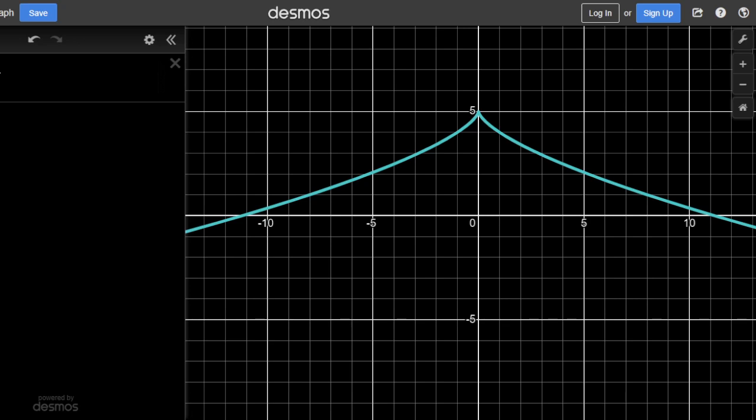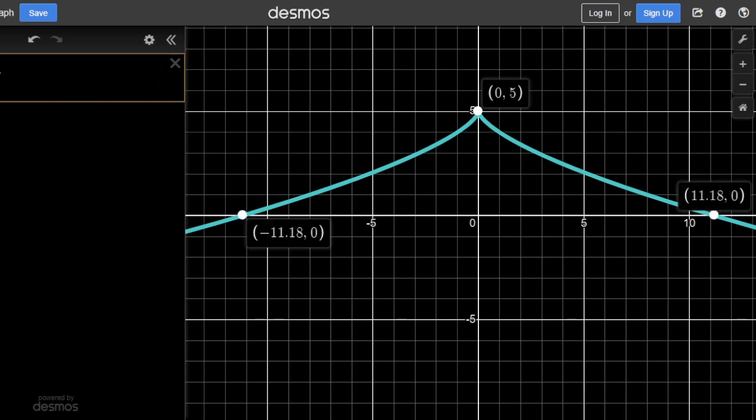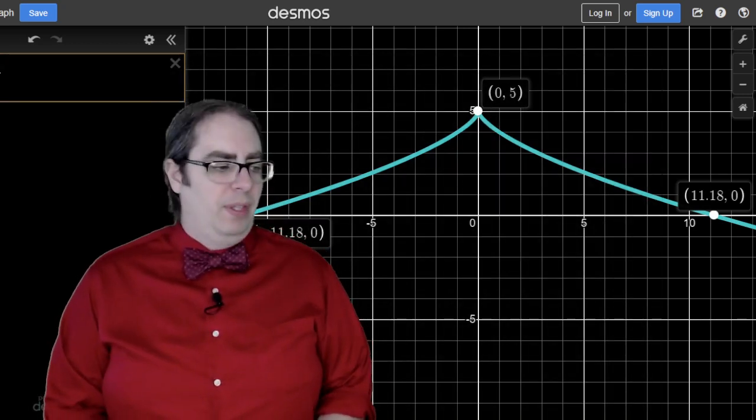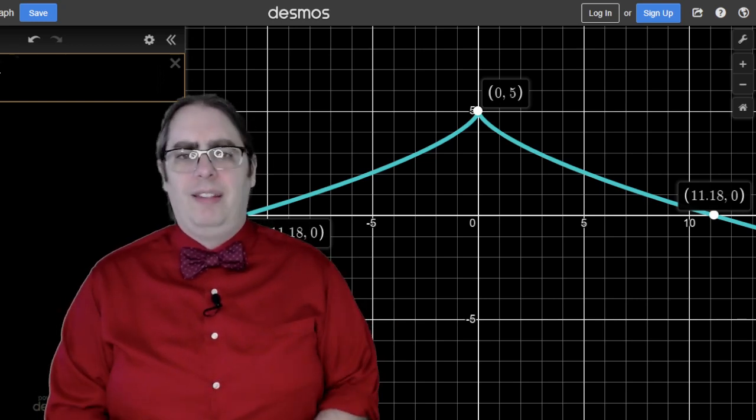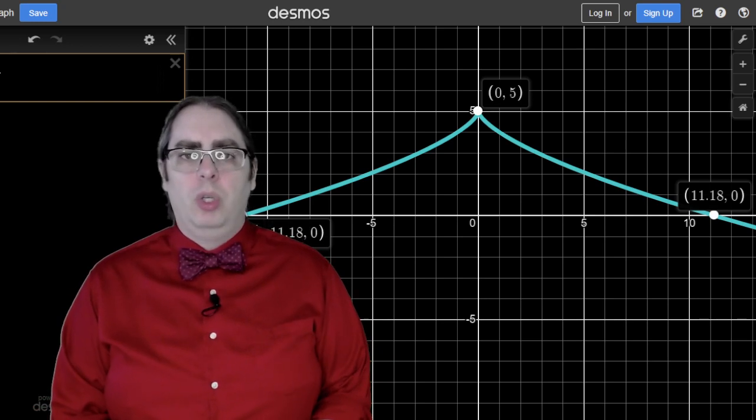Desmos gives you some nice options. If you click on the curve, it highlights interesting points like x-intercepts and y-intercepts, so you can get to those values. They give us a little bit more detail than what I did, but it all works out to be about the same. I don't need Desmos when I can do this by hand, but tools like that exist. They take seconds to work through.